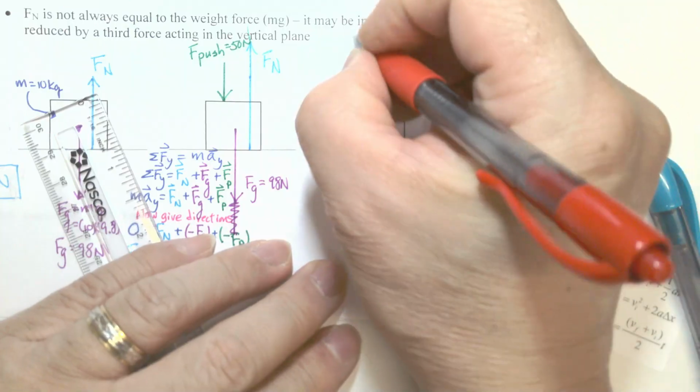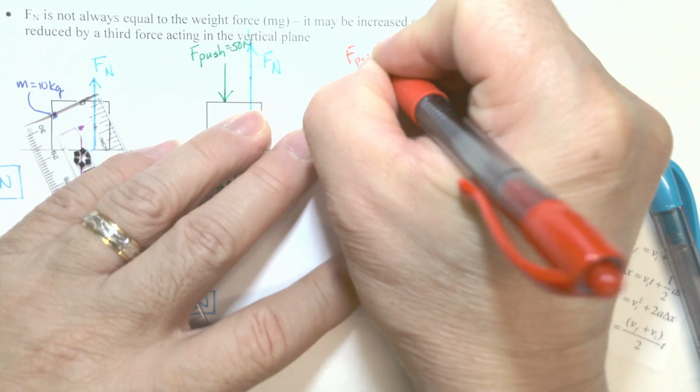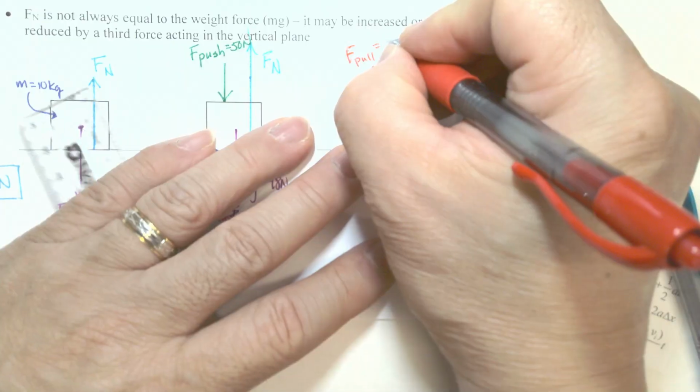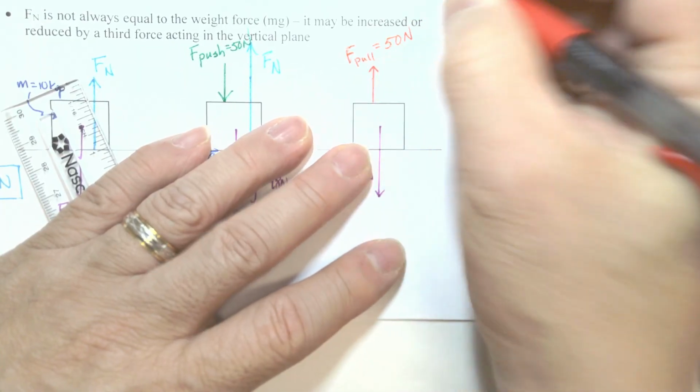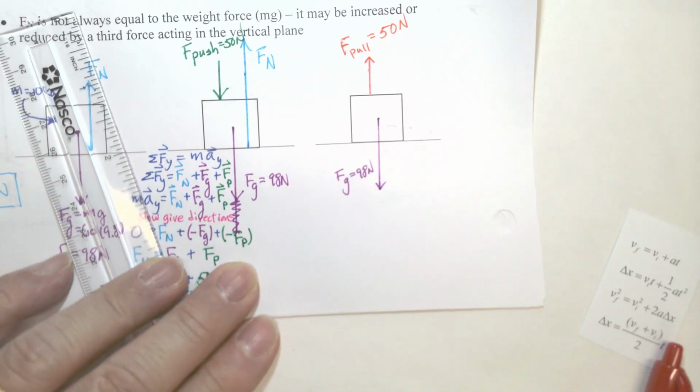So here is my F pull. And let's say my F pull is 50 newtons.